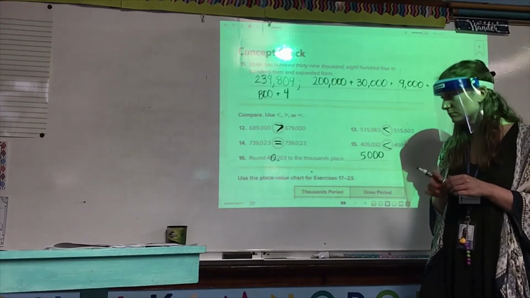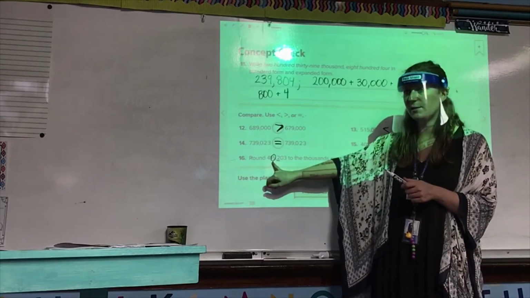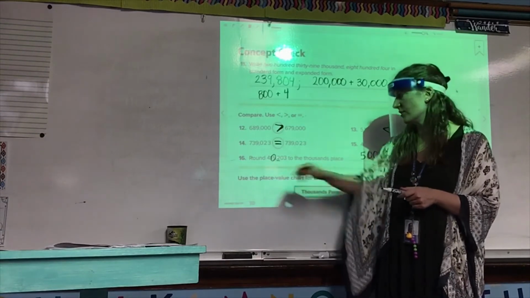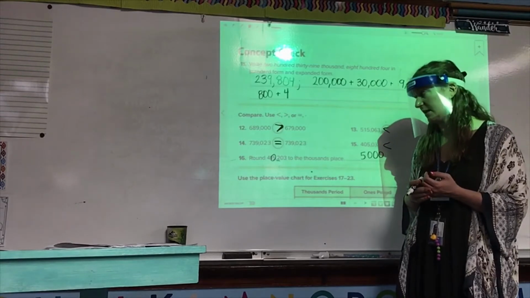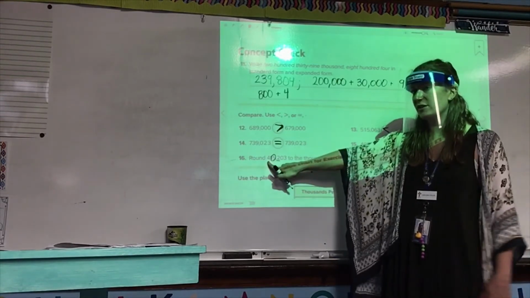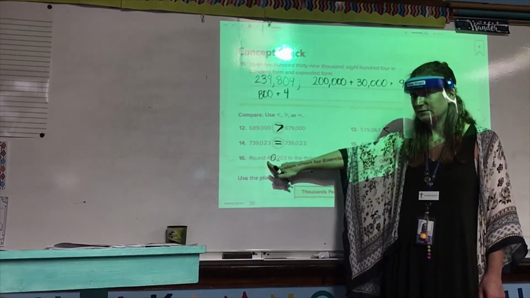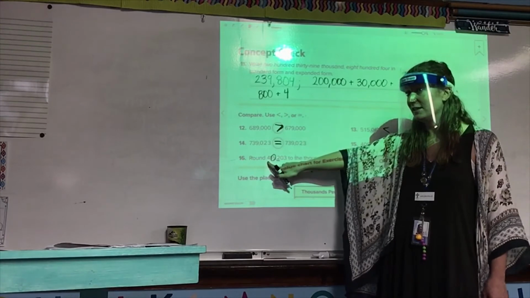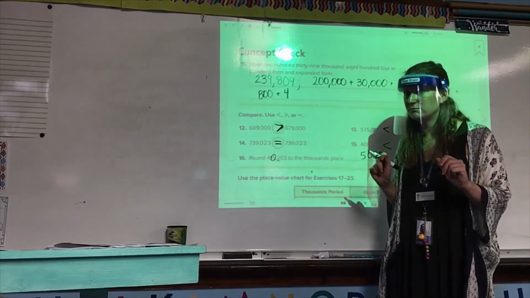The digits before the circled digit stay the same. Before, because it's not always going to be a 5. Do we have any digits before the circled digit in this number? Yes. So can we forget about them?